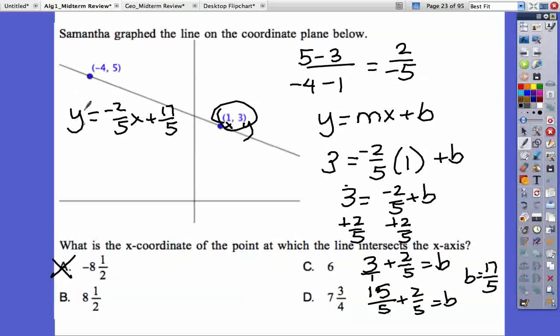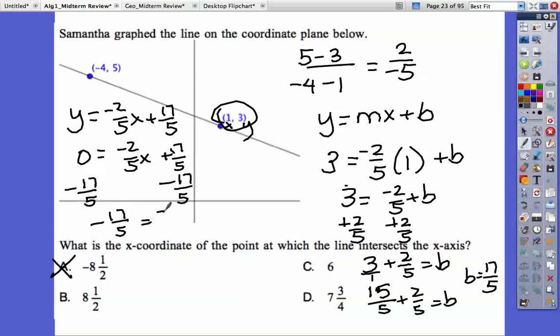I just have to make y equal to 0 and solve. So 0 equals -2 over 5x plus 17 over 5. Subtract 17 over 5 from both sides. Negative 17 over 5 equals negative 2 over 5x. Multiply both sides by negative 5 over 2.